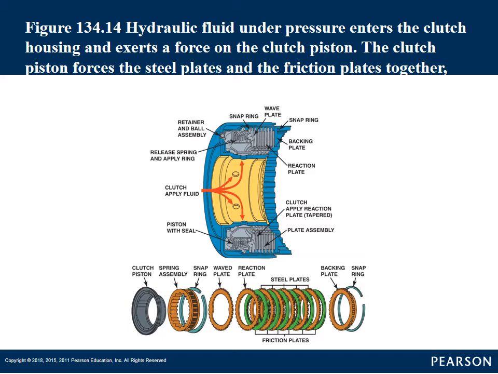The more discs that you have in a clutch pack, more fiber discs, or the bigger they are, increases the holding power of your clutch pack. It determines how much torque can be applied through that clutch pack.